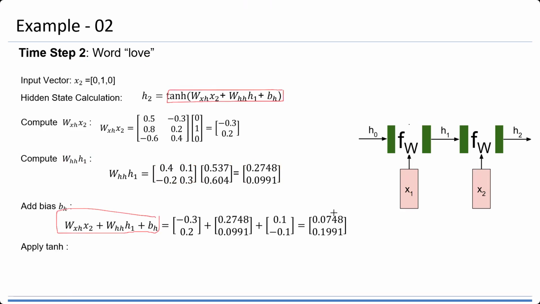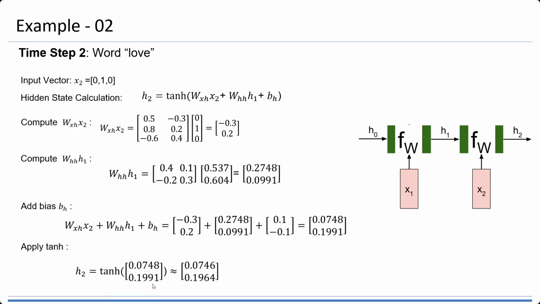The result is this value. And after we have this value, again, we do with the tangent function. Okay. So the tangent function here is the tangent from this value. Tangent of 0.0784, tangent of 0.1991. Then the h2, now we have h2 as much as this one.